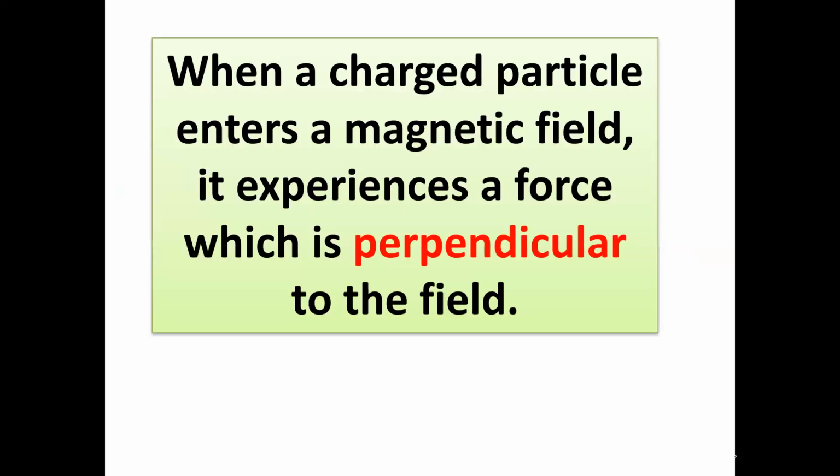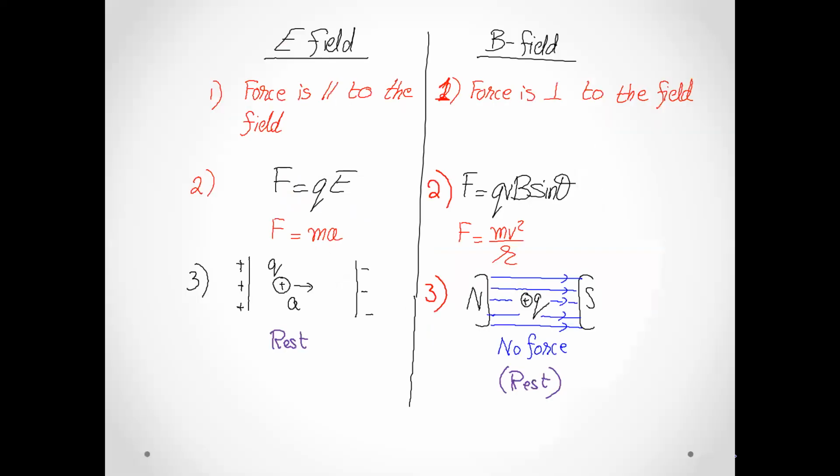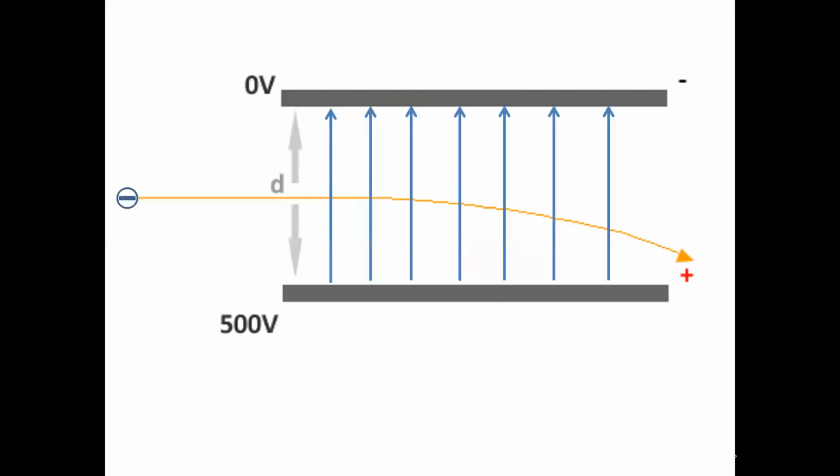Deflection is projectile. When a charged particle enters a magnetic field, it experiences a force which is perpendicular to the field. Here it is a circular deflection. So in the E field, the force is parallel to the field. The formula is QE. In the B field, the force is QVB sine theta. When the particle is at rest, it won't experience any magnetic force.